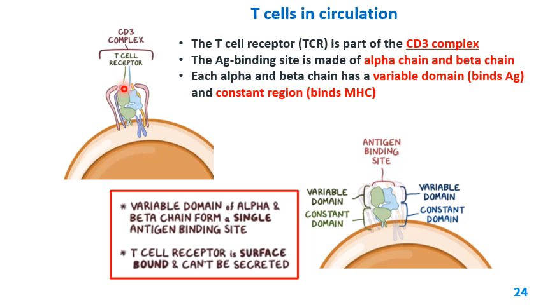Ig alpha and Ig beta. This stuff is almost the same names, but it gets complicated. Alpha beta is part of the receptor. Ig alpha and Ig beta is part of the CD3 complex that sends the signal to the inside of the cell. All these things are part of your T cell receptor complex, okay?